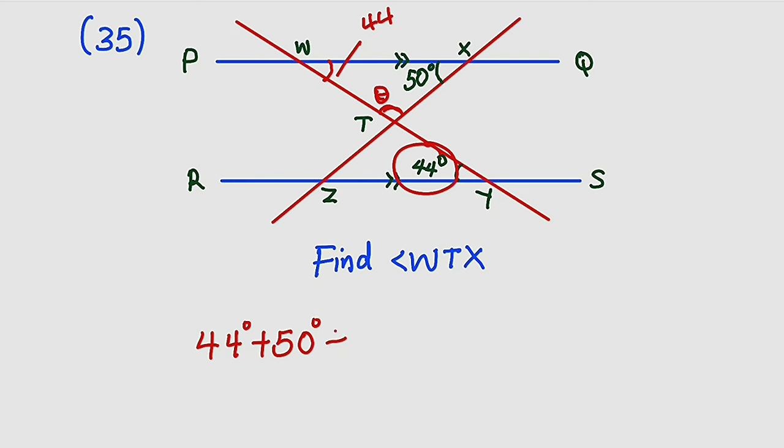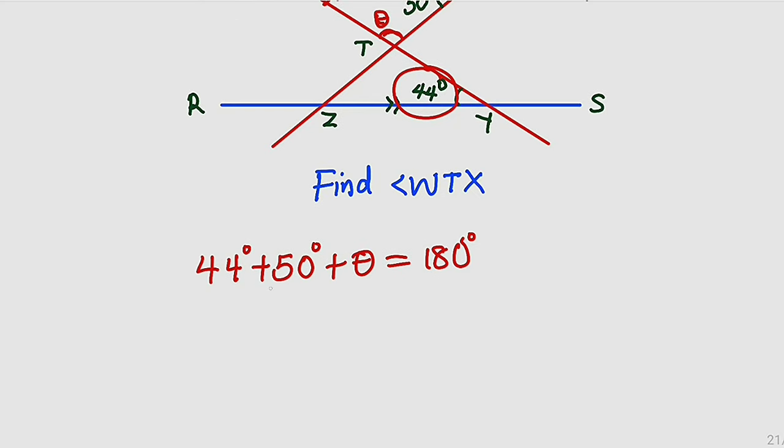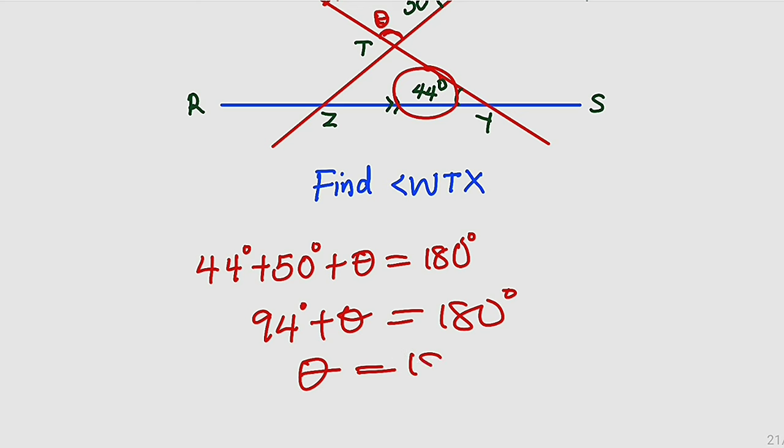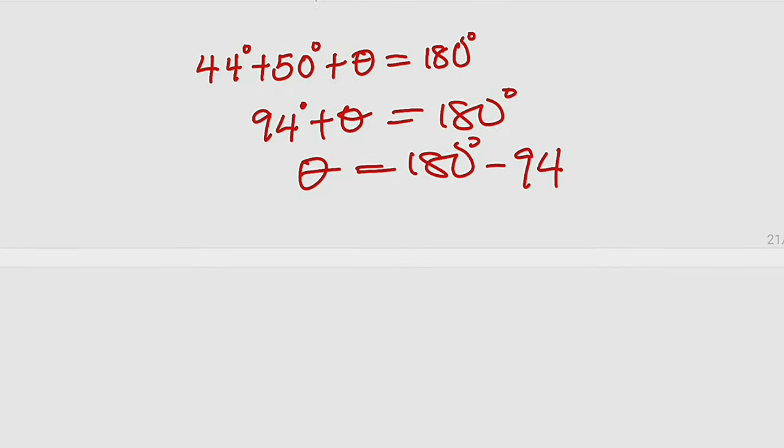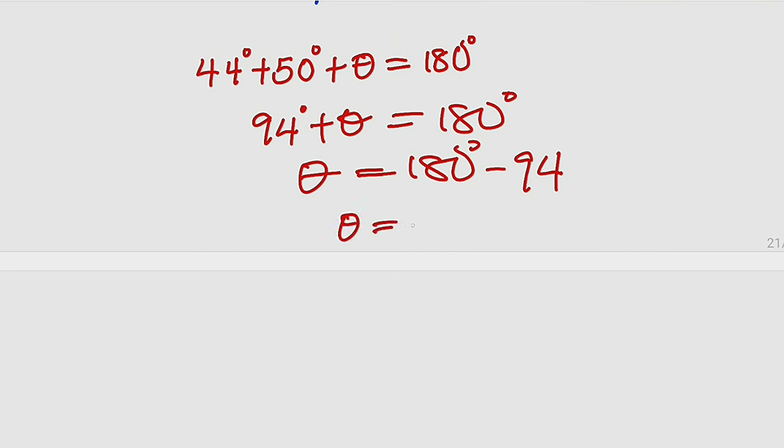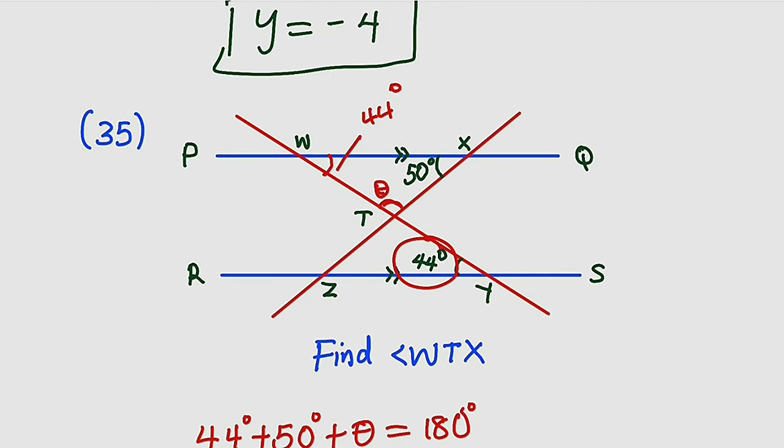Remember, you are dealing with objective questions. 50 and 44 is 94, right? Degrees plus theta equals 180. Remember, we are looking for theta. So theta will be 180 degrees minus 94, which I think is 86. So theta is equal to 86 degrees. And hence, this is the solution to this question.